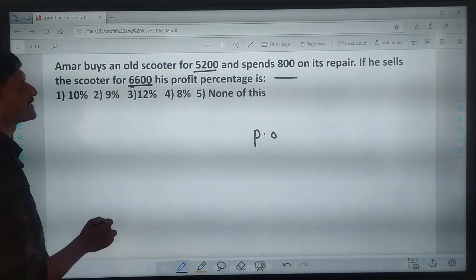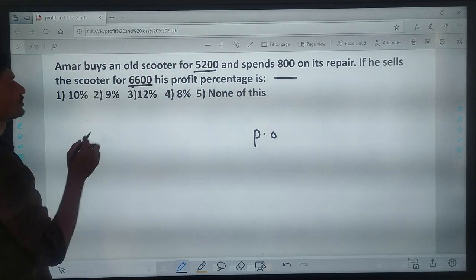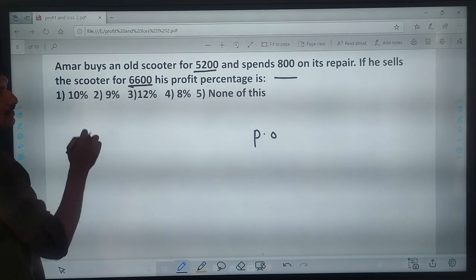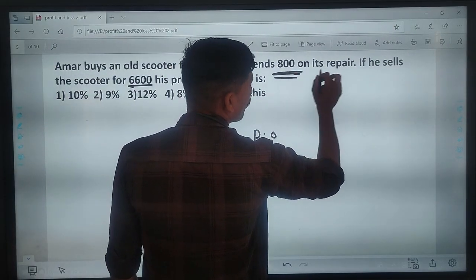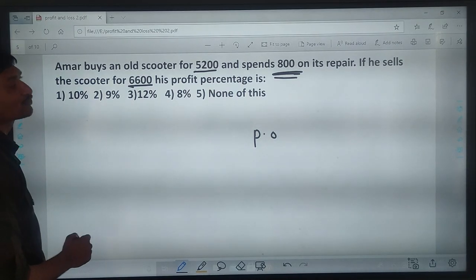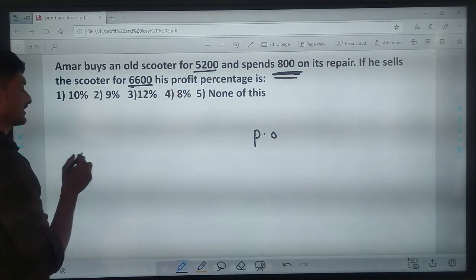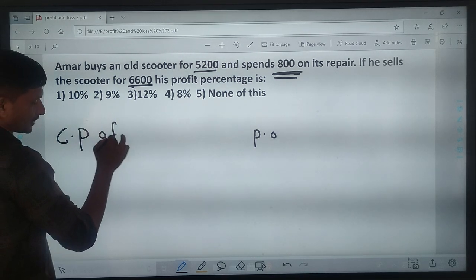Amar buys an old scooter at rupees 5,200 and spends 800 rupees on its repair. Amar buys the scooter for 5,200.